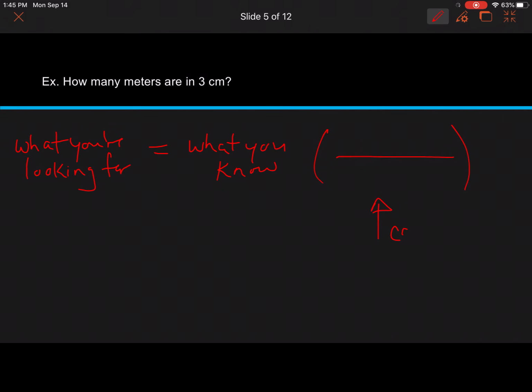The unit for what you're looking for goes on the top, because you want to end up in that. The unit for what you know goes on the bottom because you want that to cancel.